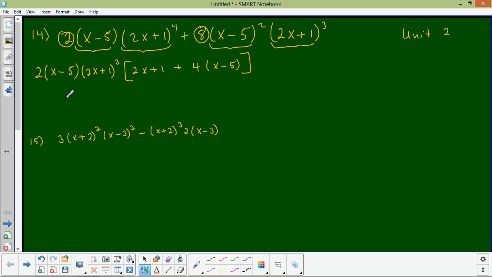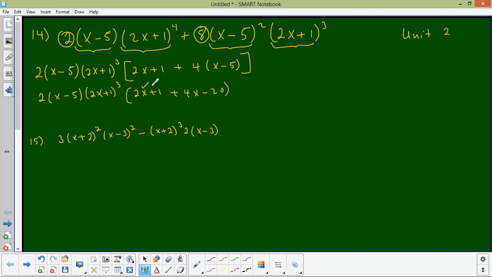All that's left to do is handle the PEMDAS situation left in the brackets. And when you do that, it should be fairly apparent that we get 2x plus 1 plus 4x minus 20 when we do the distributive property.